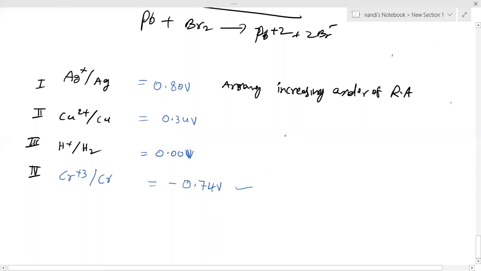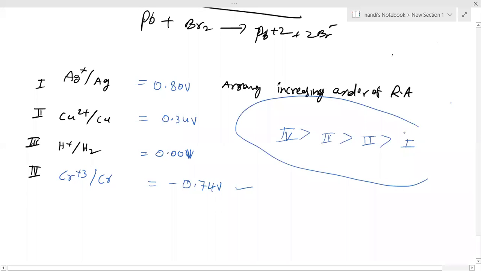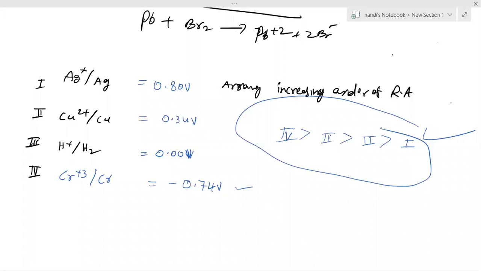Same as it is: 4 is the strong reducing agent because of the least value, next 3, then 2, then 1. So this is the answer. Are you getting my point? They will give A, B, C, D, then you have to arrange.